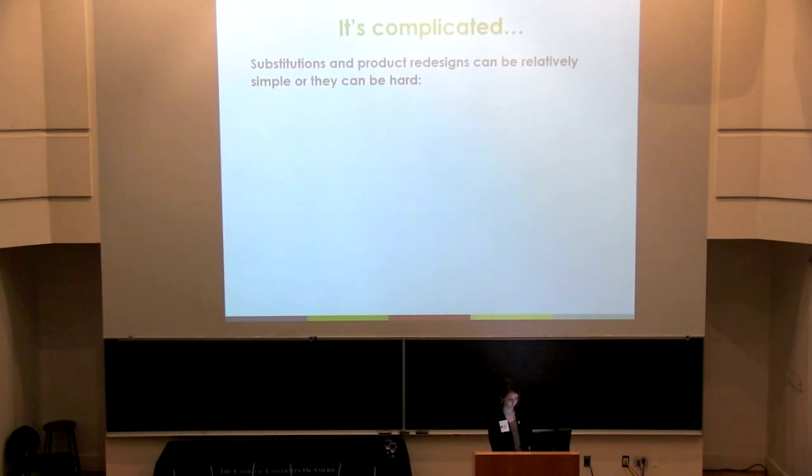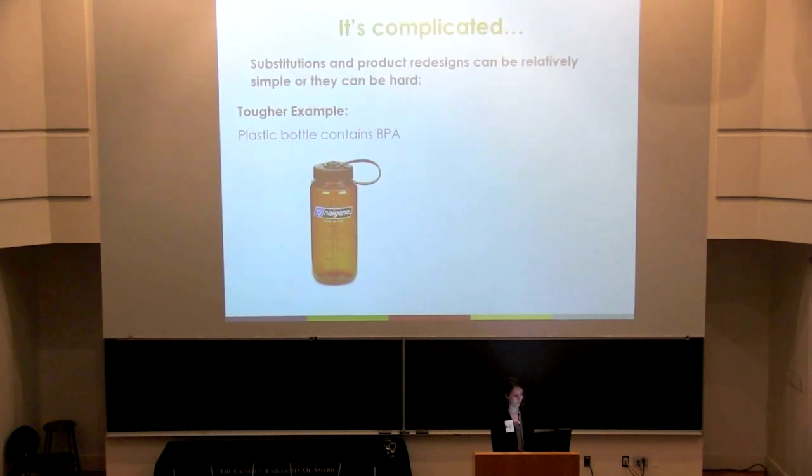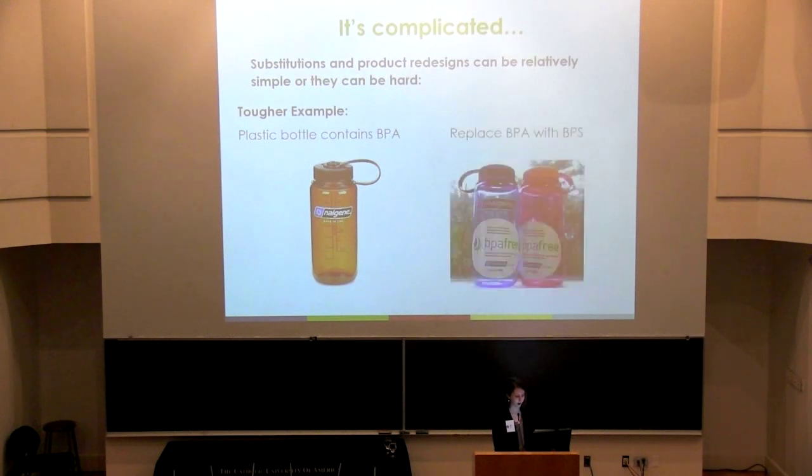So a slightly more difficult example would be a plastic bottle. Plastic bottles, up until recently, contained BPA, but now we have these wonderful BPA-free bottles. We should feel really, really confident that they're safe for us because they are BPA-free.